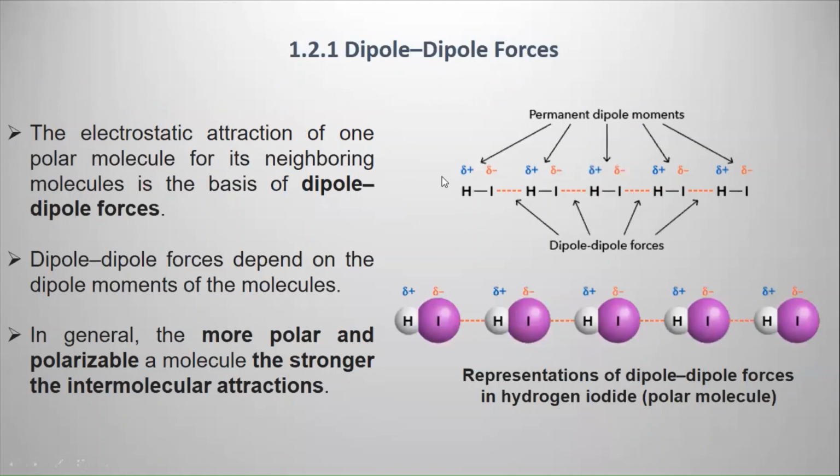Here is another example, HI. So HI can connect to another HI, can connect to another HI. You can see it's a chain linking all the molecules together. So the intermolecular force is a continuous chain, linking all the molecules together. And if you can link all the molecules together, the molecules can be in the liquid phase or solid phase.